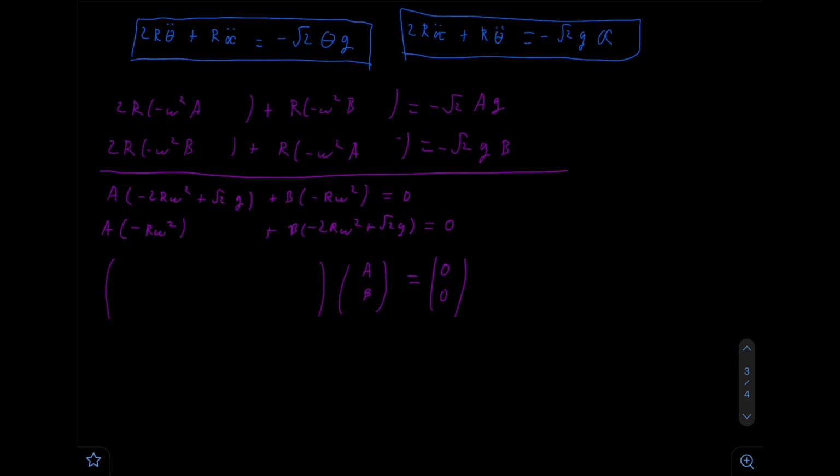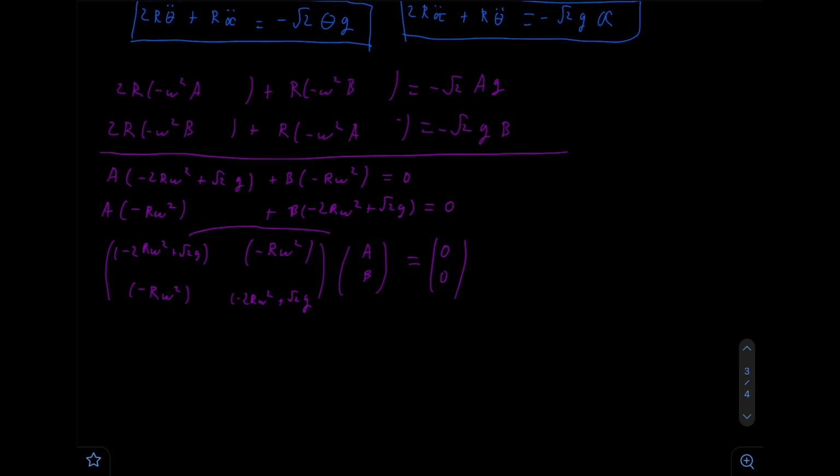So we multiply A by negative 2r omega squared plus root 2g, and then B times negative r omega squared. This one is going to be negative r omega squared, and this one is negative 2r omega squared plus root 2g.